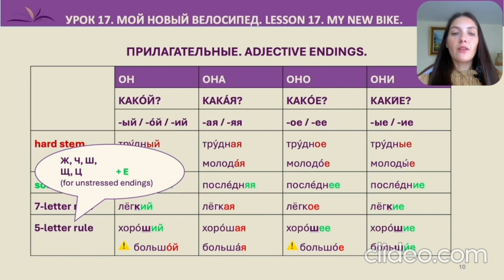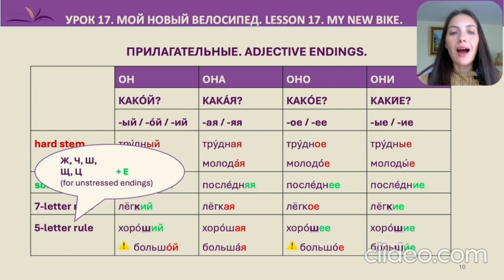And after those letters, we write е instead of о. So it's important for the neuter adjectives. We also don't write ы and we write и because some of these letters are also in the 7-letter rule, because Ж, Ч, Ш, Щ are also here.